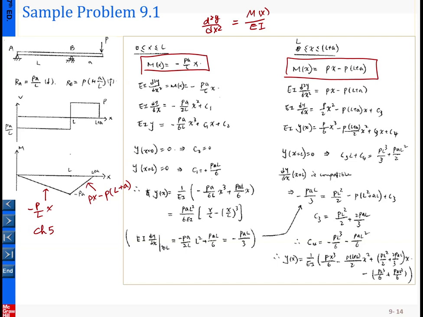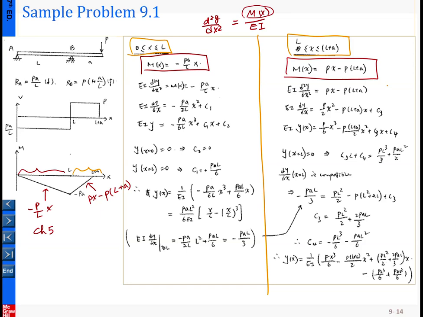For this case, I simply want to let you know that M of x has different expressions in this segment and in this segment. So you need to separate your calculations into the two segments. In each segment, because of the different expression for the loading information, you have to solve for the integration individually. So here we split into two versions.